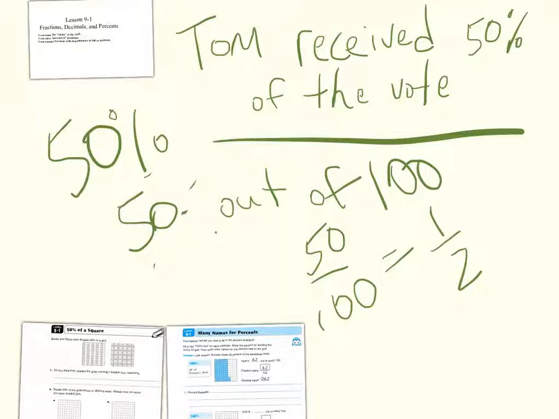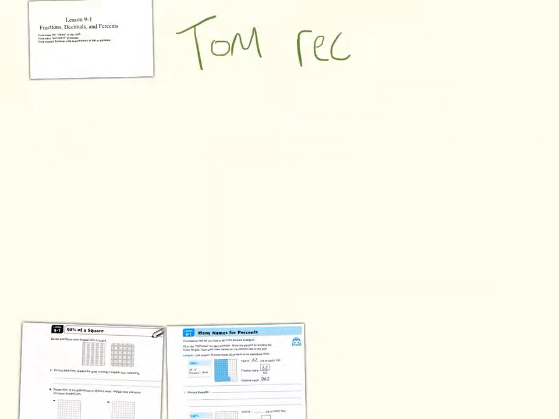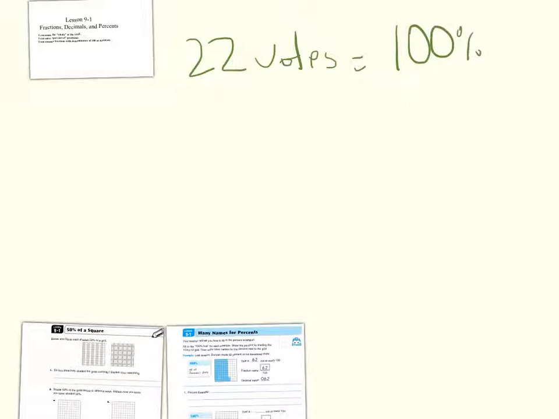So our whole class votes, say we have 22 kids in our class, if we vote, 22 votes would equal 100% of the class. So to get 50% of the votes, which would be half of the votes, how many votes would Tom have to get in our class?